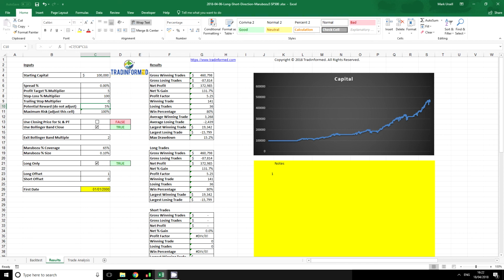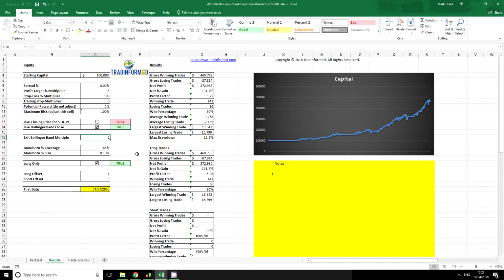The strategy here is using some different ways to exit the trade. So we're going to be using a profit target if that is set, but also we're going to be using the Bollinger Band. Now, Bollinger Bands are pretty handy technical indicators, and one of the things that they are useful for doing is helping us to exit the market when it is at some sort of a short-term extreme.